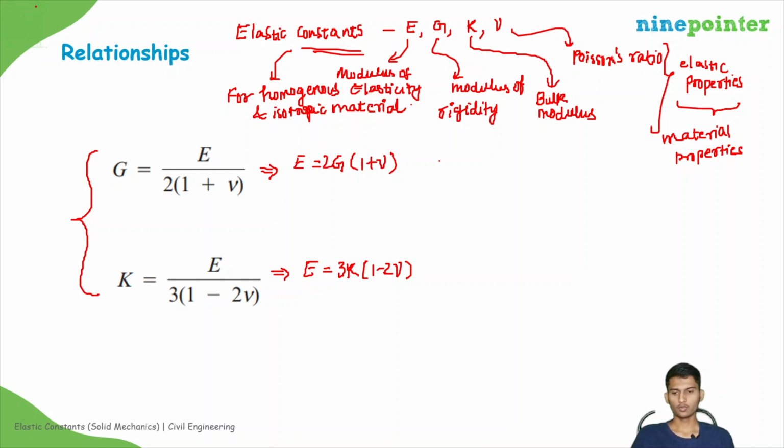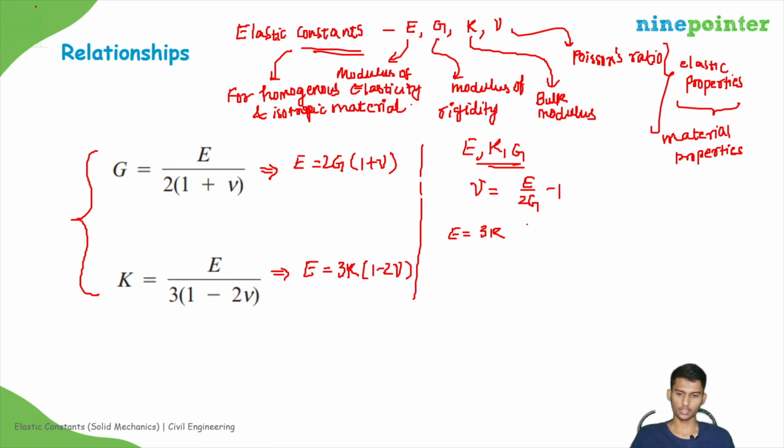Okay. Then what is the relation between E, K, G? This is a dependent one. So from these two, we can write nu is equals to E by 2G minus 1, right? So we can substitute in the second equation: E is equals to 3K into 1 minus 2 of (E by 2G minus 1).